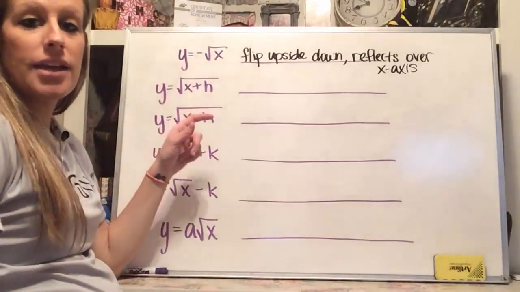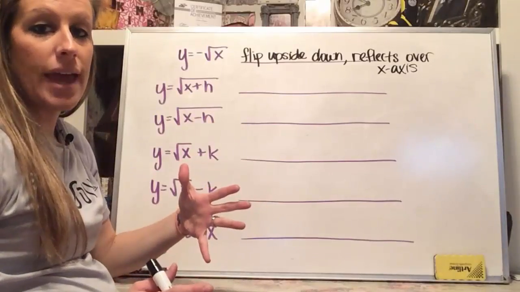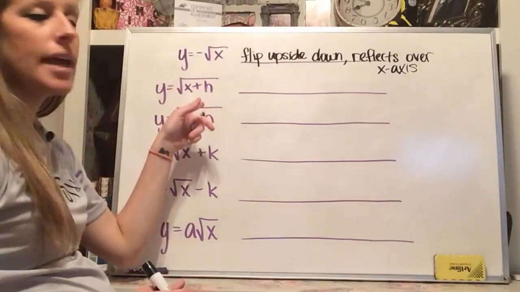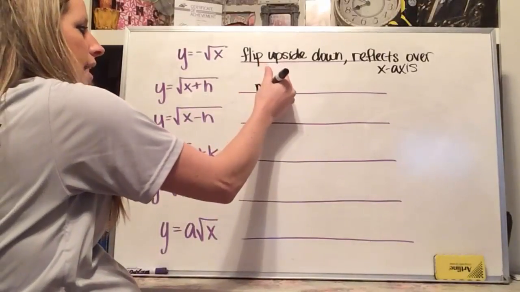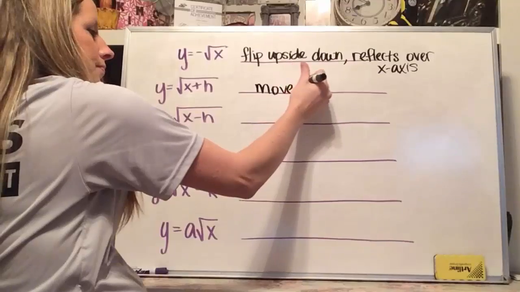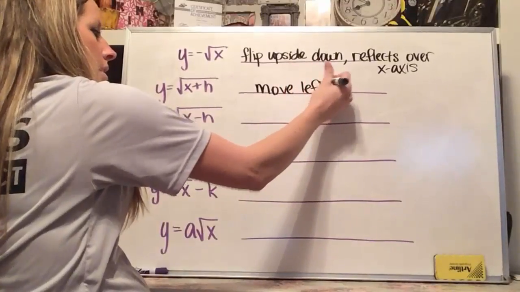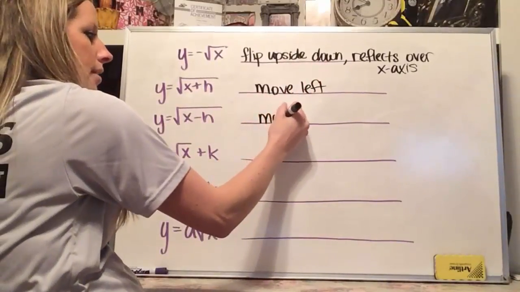If I have a plus h inside of the square root with the x, the plus h is going to do the opposite of what you think. It's actually going to move it left. A minus h will move it right.